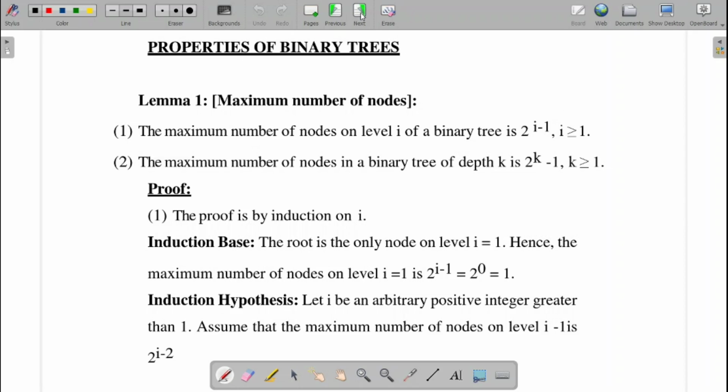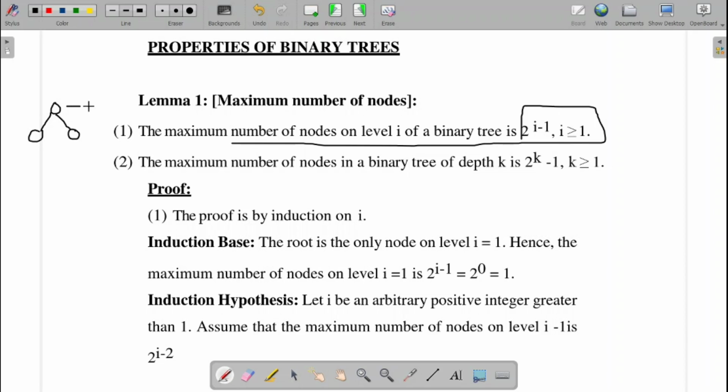There are two main properties for binary trees. The first one is that the maximum number of nodes at level i of a binary tree is 2 power of i minus 1. To prove this, take a simple binary tree, suppose this is one binary tree with a level of 2.